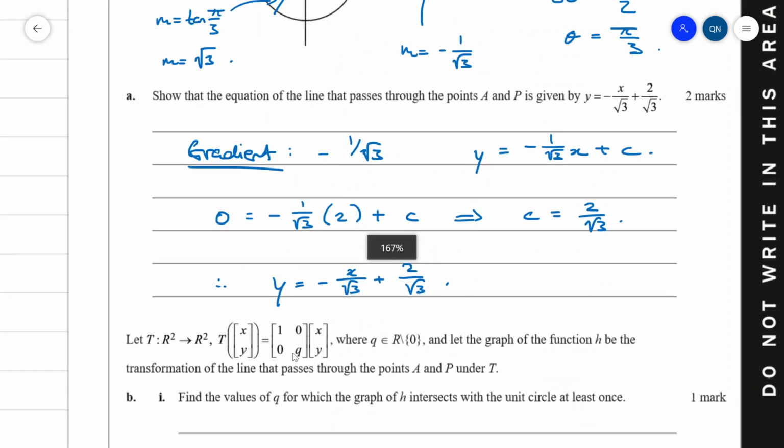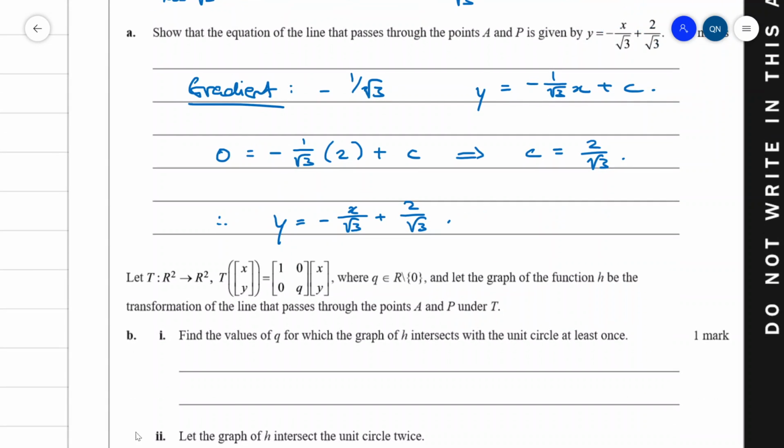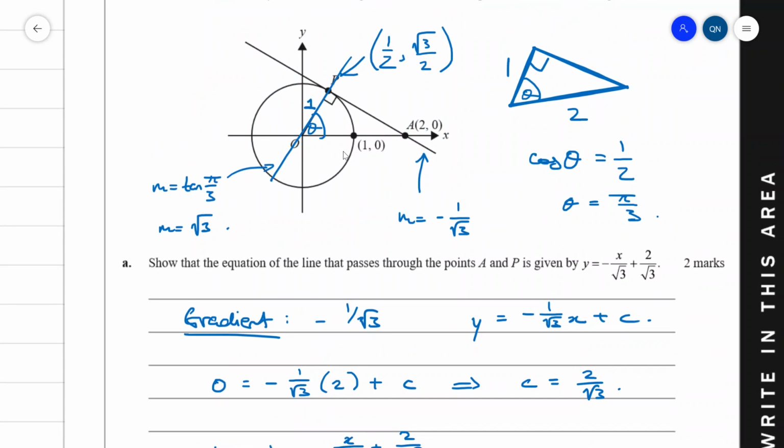So remember, what is q doing? First of all, q is a dilation from the x-axis. So what does a dilation from the x-axis mean? It means that you're kind of moving this line up and down almost. It's not a translation, you scale it.